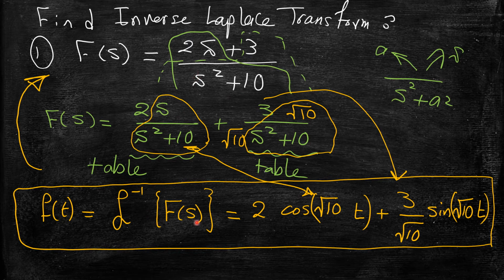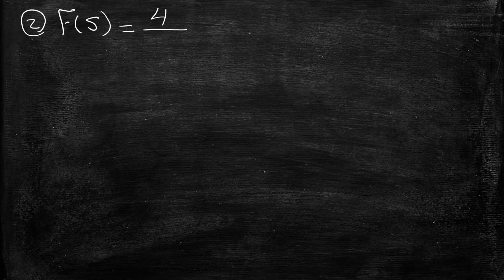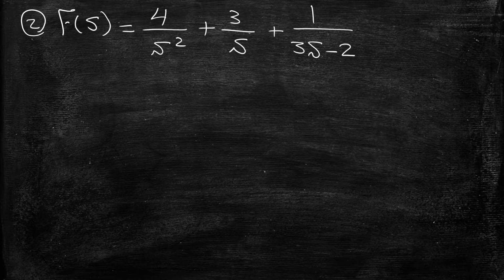One of them will be cosine and the other will be sine, and just make sure that the sine has some constant attached to it. So let's do it here. What about if we have F of s equal to 4 over s squared plus 3 over s plus 1 over 3s minus 2?